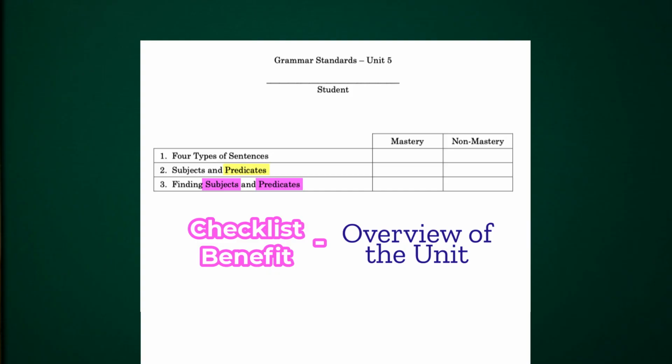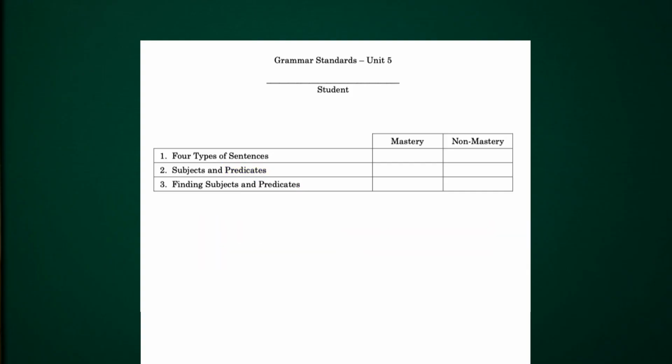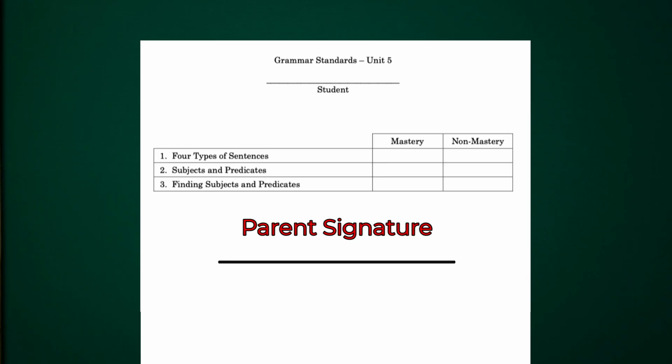This gives you an opportunity to front load some of the vocabulary, maybe talk about situations where they might use this in real life situations, maybe do some anticipatory sets, and it just gets them ready for what they're about to hear. So not only does this help the students get familiar with the new terms, it also serves as a reminder that when the test is finished, that they are going to take this checklist home and get a parent's signature.